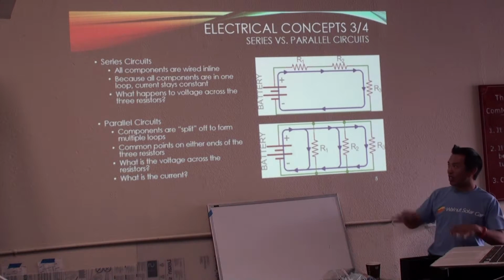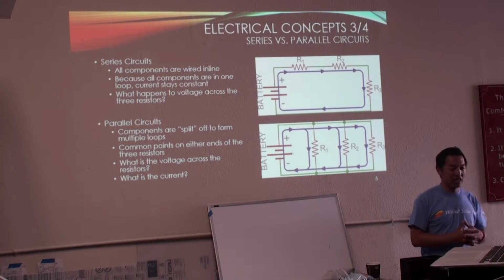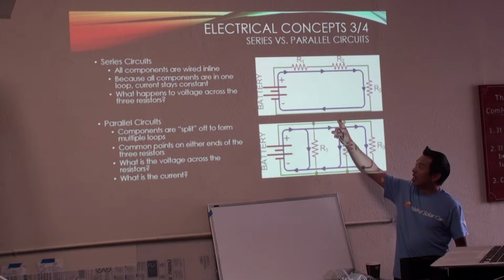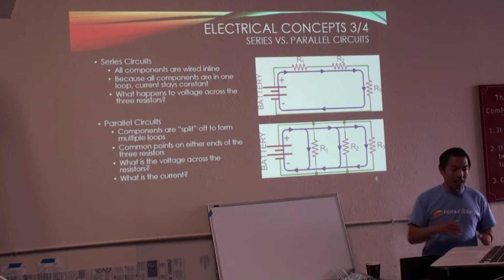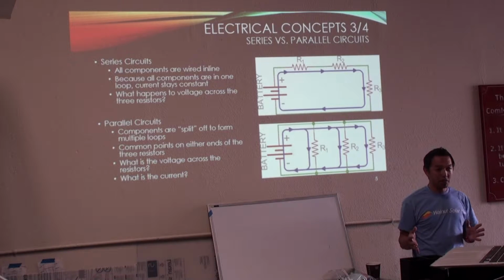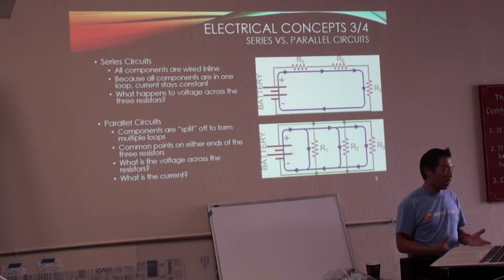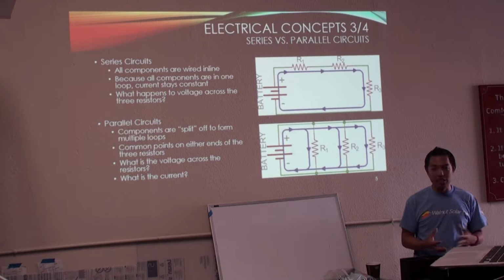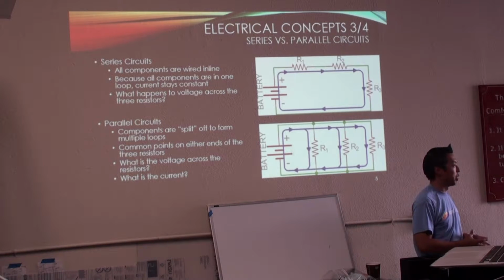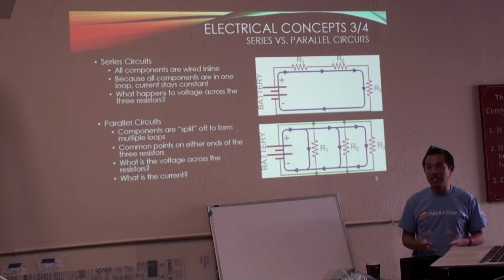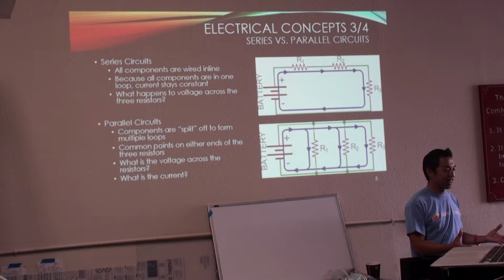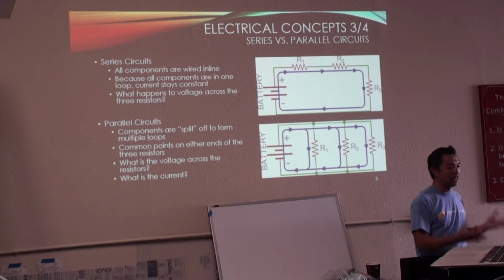Okay? So again, the voltage divider type of thing. But the idea with series is that the voltage adds up. In our solar car, the place that is most prominent in terms of wiring things in series is the batteries.